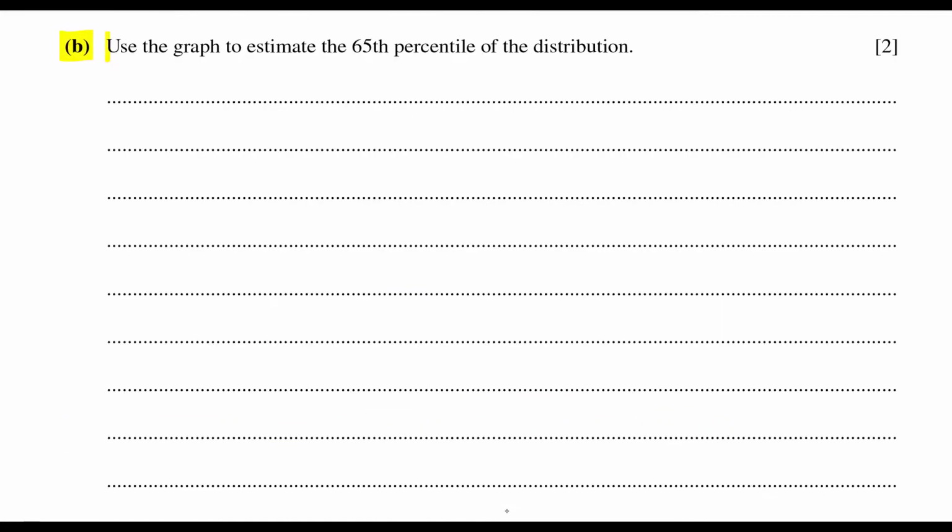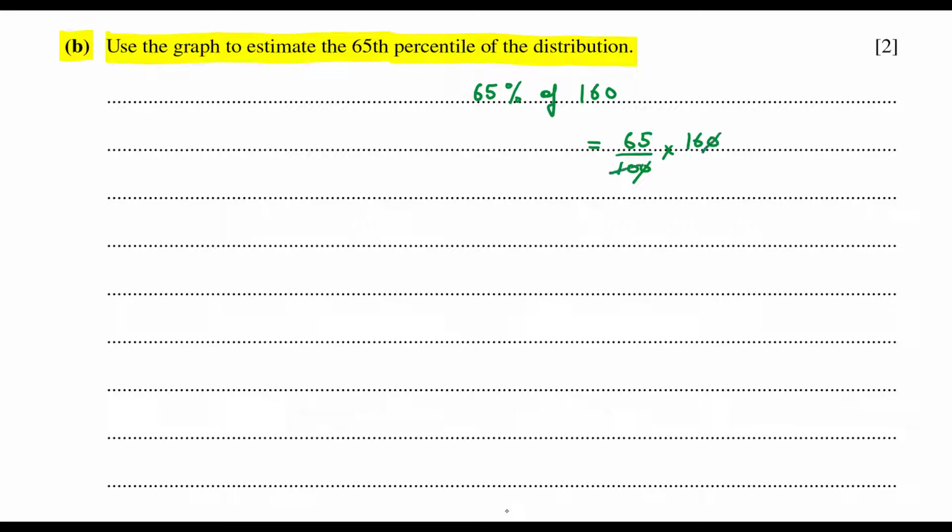In part B, use the graph to estimate the 65th percentile of the distribution. Since there were 160 sunflower plants altogether, the 65th percentile means the first 65% of the total, so it is 65 over 100 into 160.